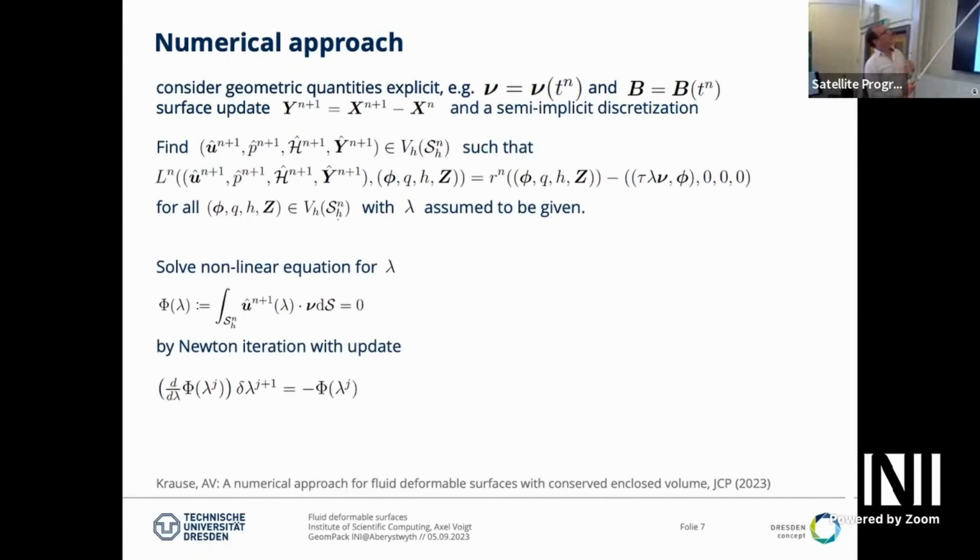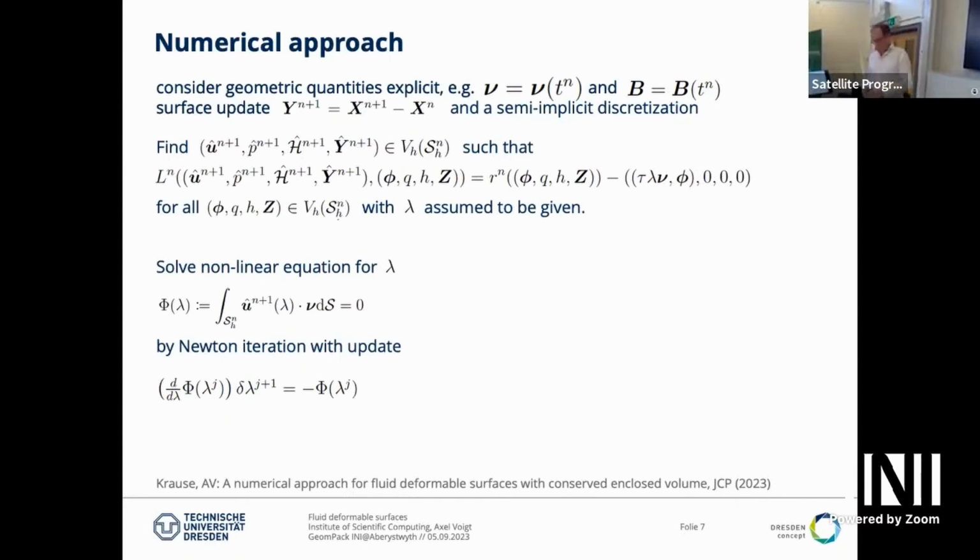And then we solve our system for the unknowns, the velocity, pressure, mean curvature, and the surface update by solving this equation. And then in the next step, we have to deal with lambda, our Lagrange multiplier. So this is some nonlinear equation we have to solve by some iteration, and then we couple this, and this gives us the solution for the next time step.